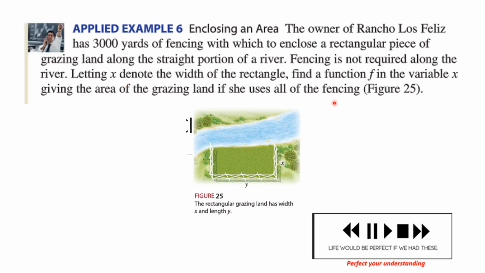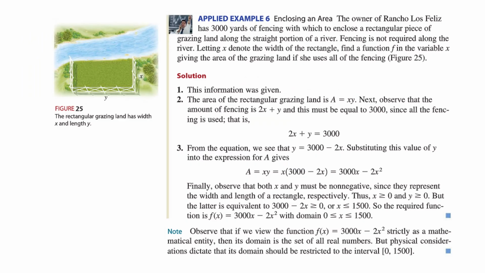You want to find a function in the variable x giving the area of the grazing land enclosed by the fence if the farmer uses all of the fencing. You know what to do.